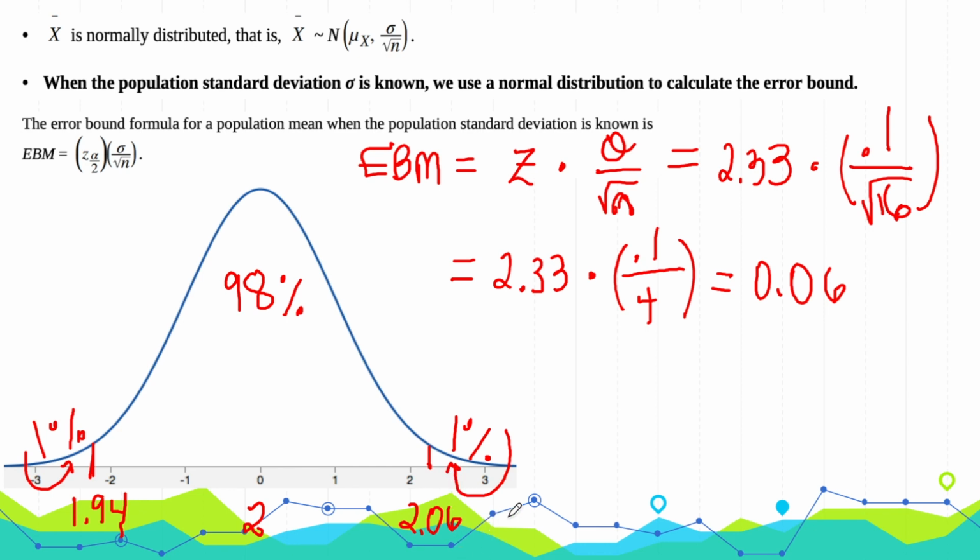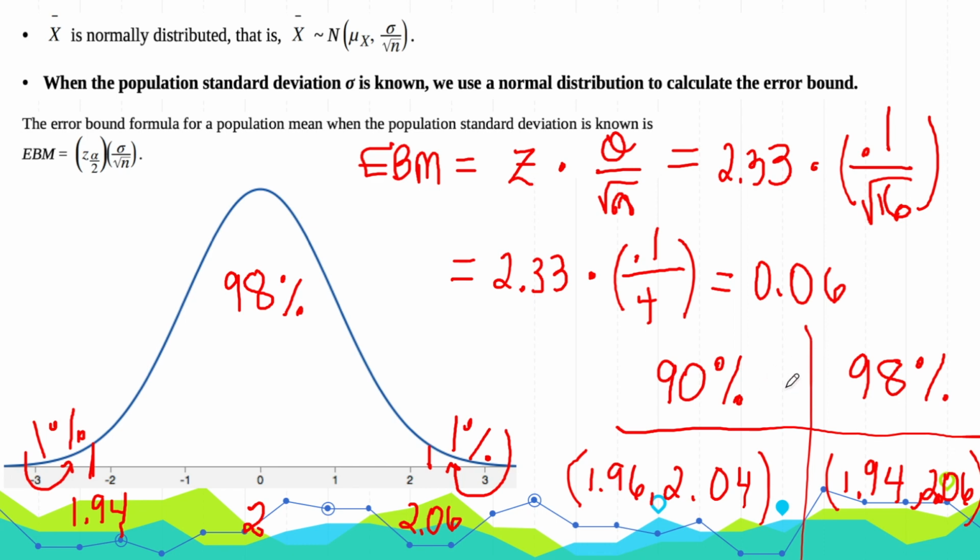Let me write these confidence intervals side by side so you can compare them. If I wanted to be 90% sure, my confidence interval that we calculated was between 1.96 and 2.04 ounces, right? However, if I wanted to be 98% sure, my confidence interval was going to be between 1.94 and 2.06 ounces.